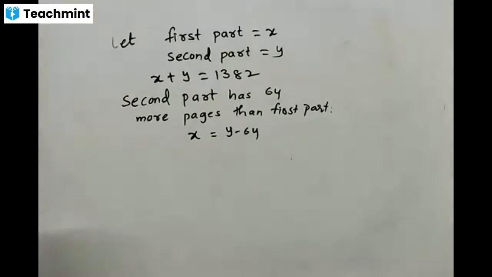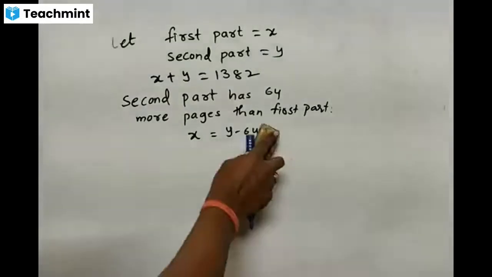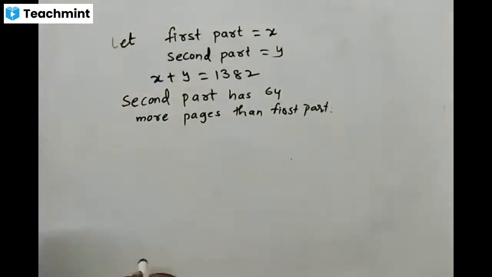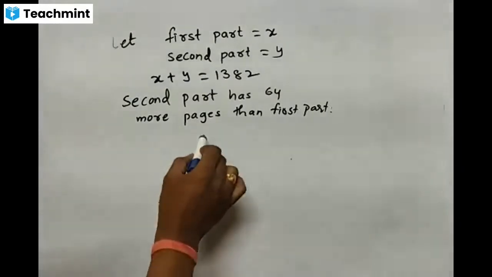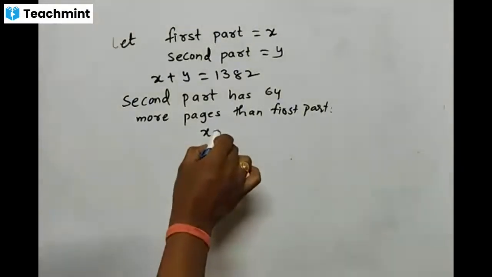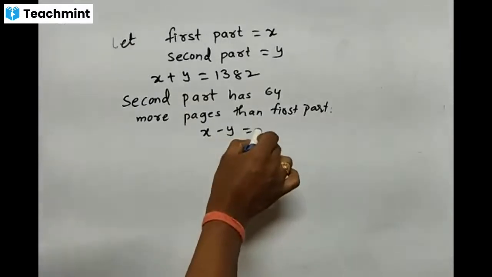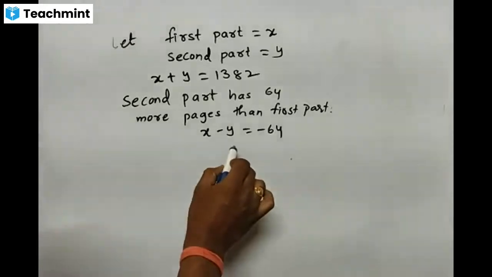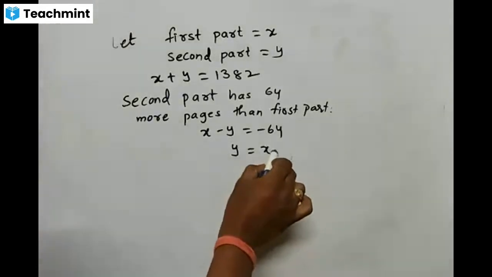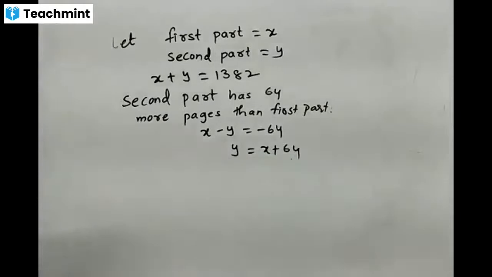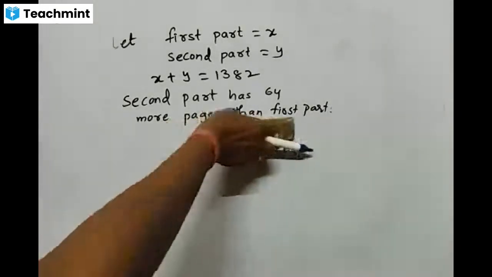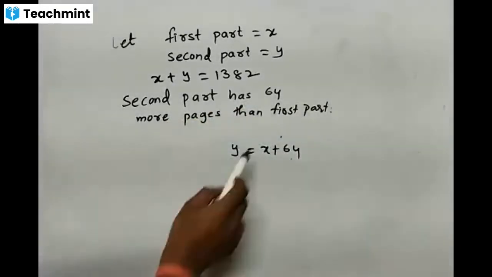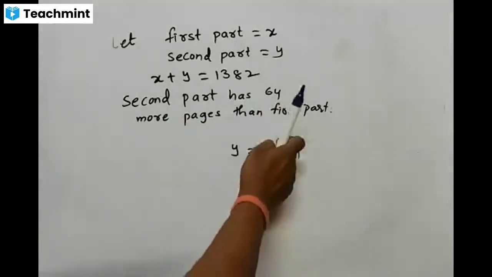Up to here clear? You can write like this also: X minus Y is equal to minus 64, or you can write Y is nothing but X plus 64. The second part has 64 more pages than the first part.